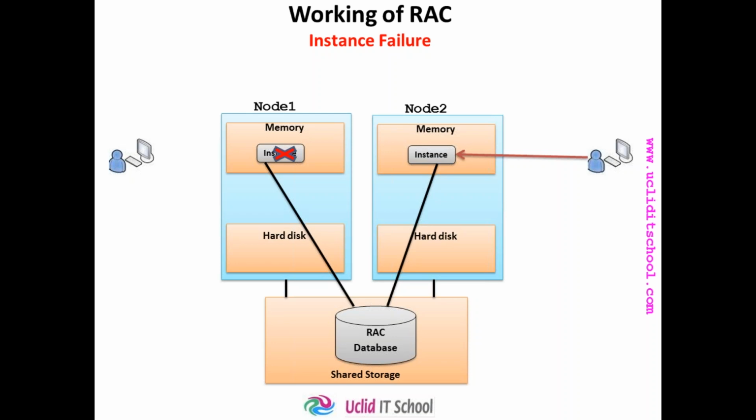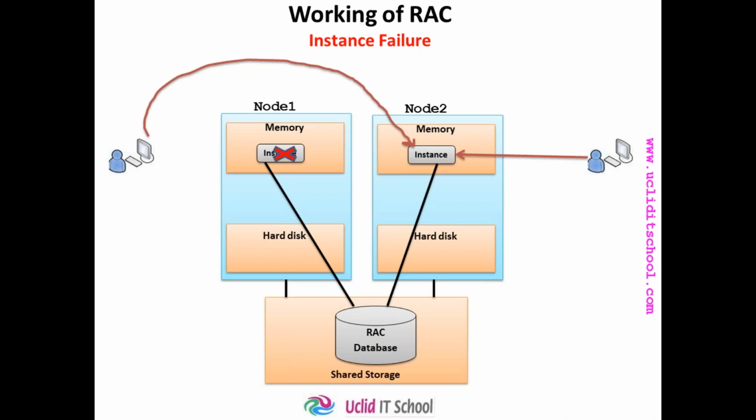Now, this also can be remediated. When this instance fails, this client can be redirected to the surviving instance, the other instance, so that they continue to access the database. In fact, this redirection can be automated in RAC. When an instance fails, the client connections can be transparently failed over to the other instance.